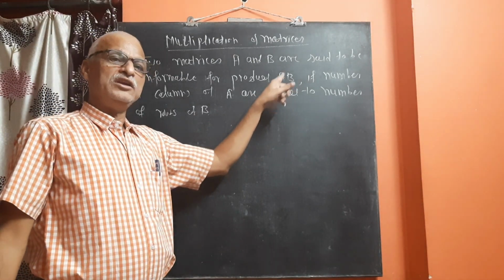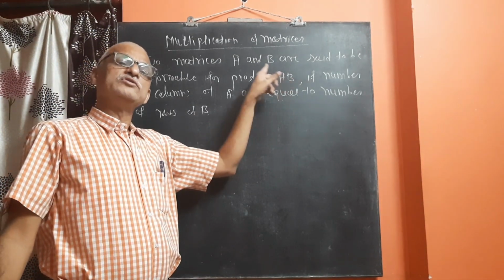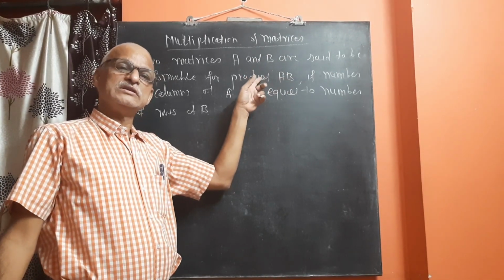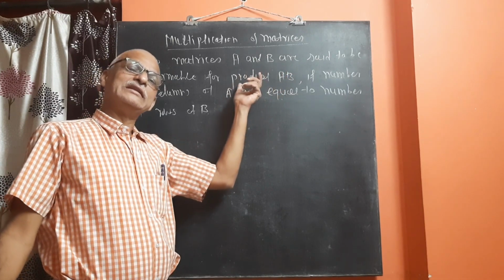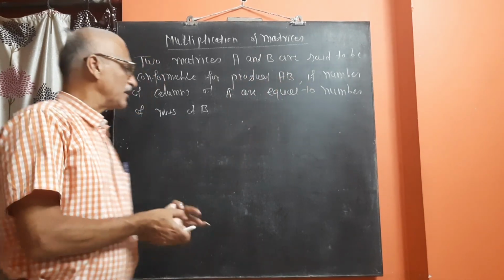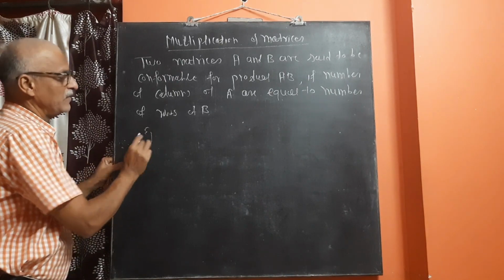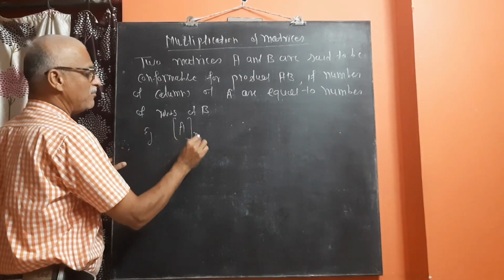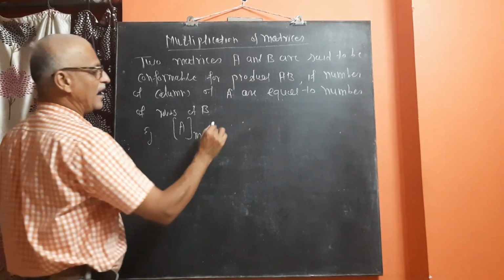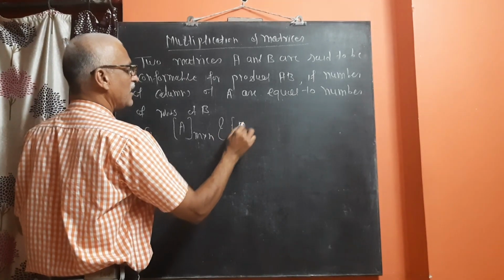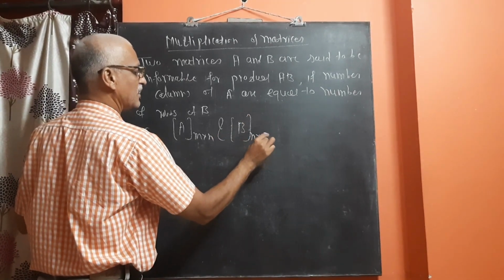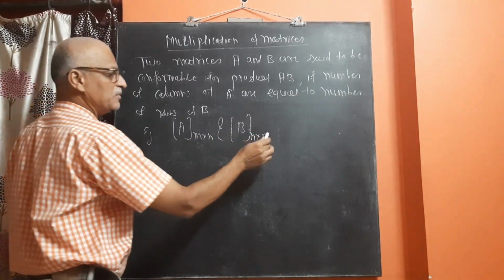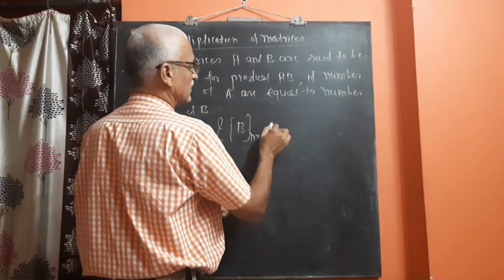Matrix A into B is possible only when the number of columns of A and the number of rows of B are the same. So here, for example, if the order of A is m by n and the order of B is n by p, then AB is possible.